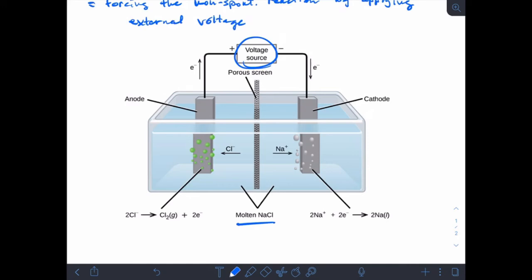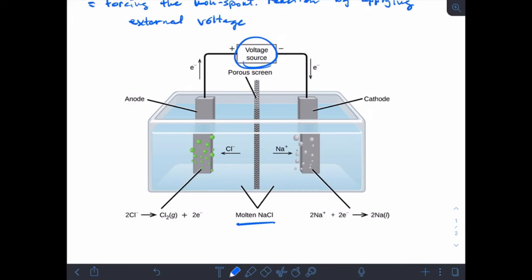With water, before your desired electrochemical process happens, water or oxygen or something will be reduced or oxidized first, and you won't be able to carry out the reaction that you want.